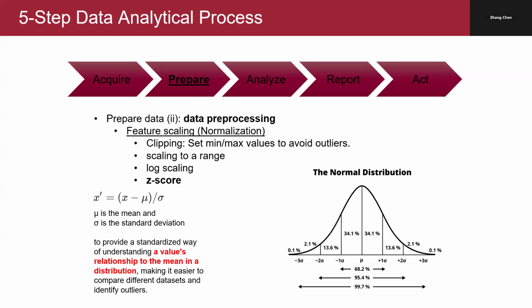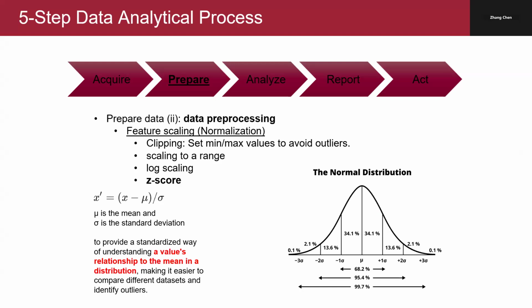Another method is called z-score normalization. Z-score normalization transforms a value by subtracting the mean and dividing by the standard deviation. This tells us how far a value is from the average, measured in standard deviations.